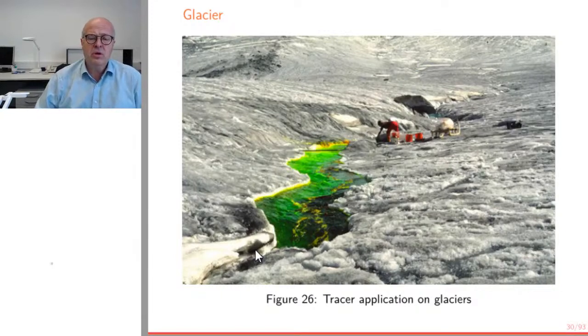Glaciers. So tracers have been used in glacier studies. You know that especially now, because of climate change, glaciers are melting. They become temperate glaciers, so they have streams of water at their bottom, which is very important for the movement of the glacier mass. However, this water that is flowing beneath the glacier can also have dramatic, catastrophic releases of water that can endanger villages downstream.